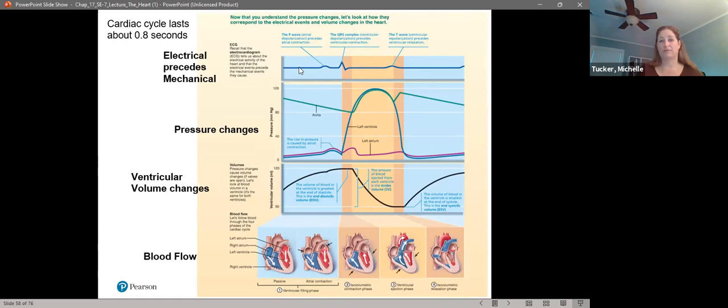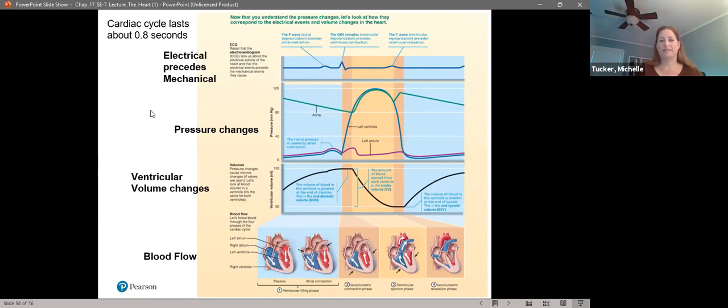We'll go over this graph a lot, but the top is the ECG tracing, and it will illustrate how the electrical events are just ahead of this, the atria contracting. This is going to be the ventricles contracting. So the P wave, the electrical event, directly precedes the mechanical event. So that's the theme of this upper portion of the graph.